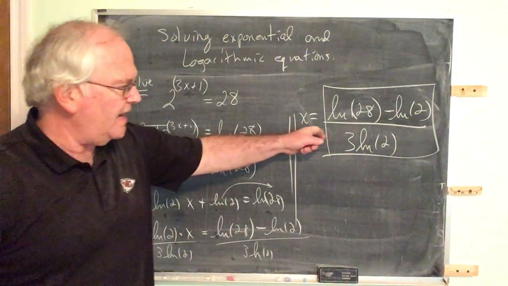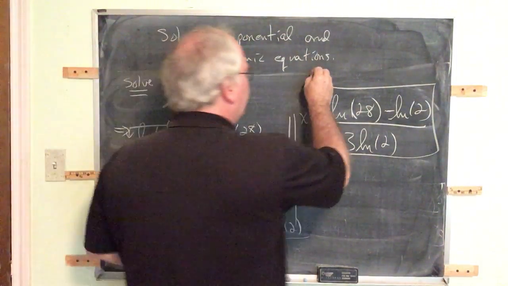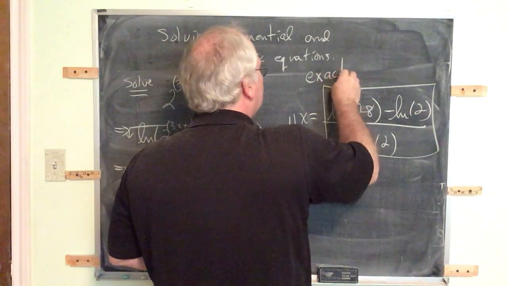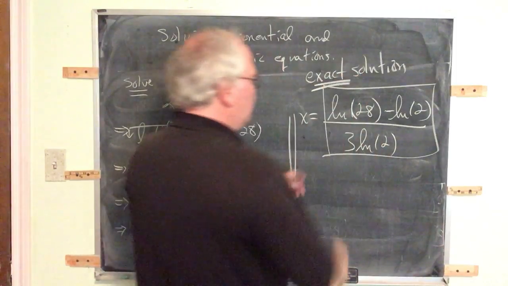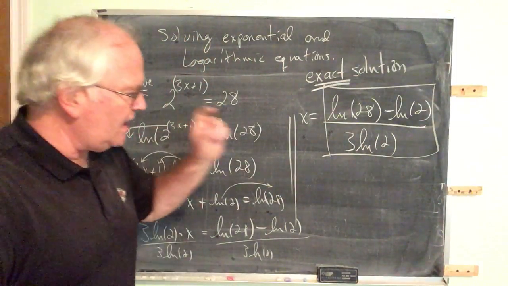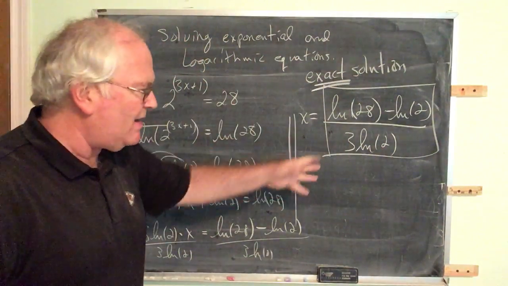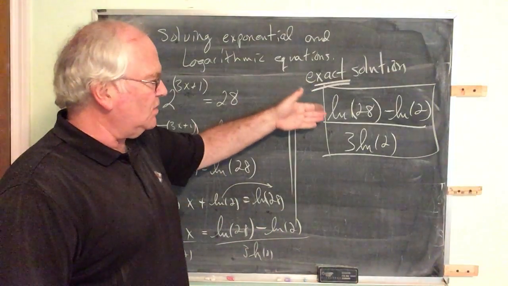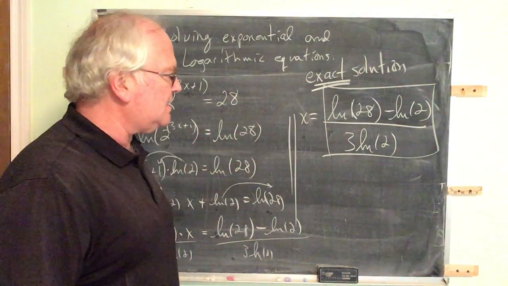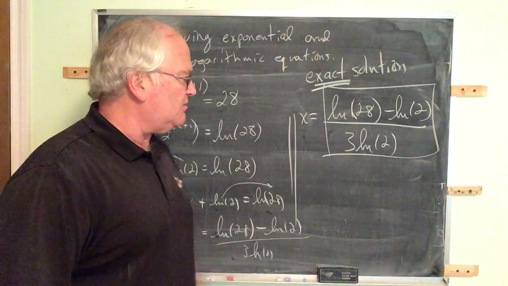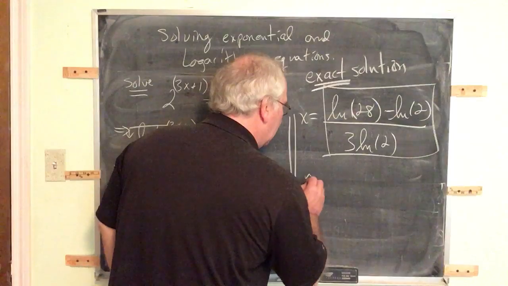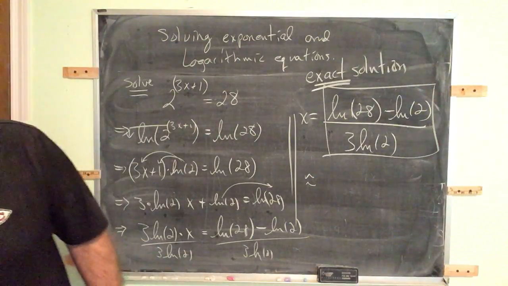As soon as you get x isolated, this is the exact solution. Anytime you leave the logarithms, or the exponentials, or pi, or whatever you're dealing with, in these values, this is the exact solution. We assume all the decimals are in here; this is not being rounded. You may, if you wish, now find a decimal approximation.